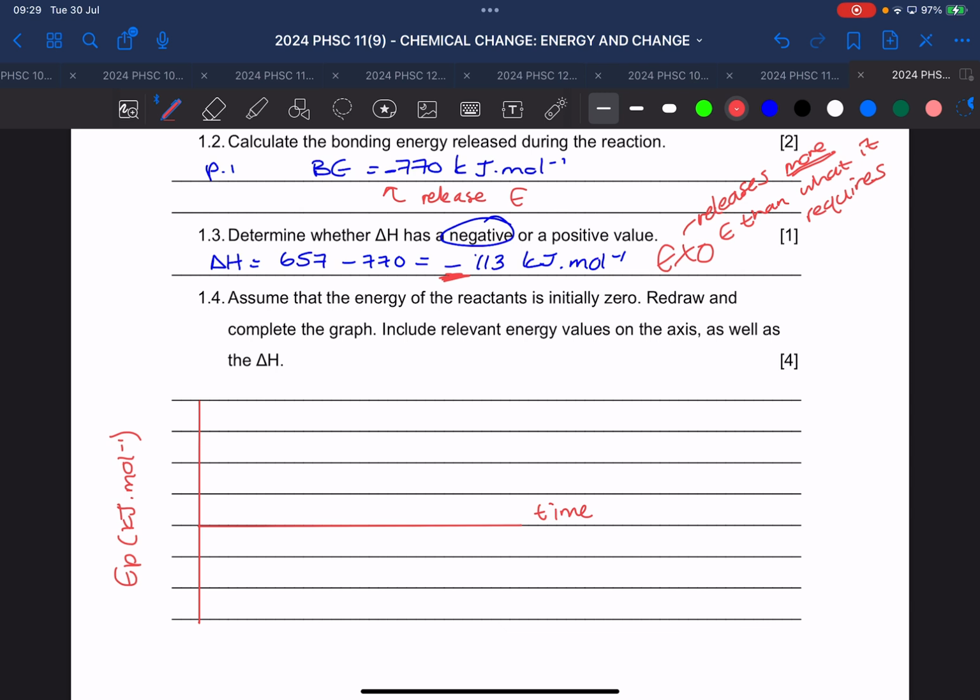So does it end lower or higher? Ends lower. Okay, they say the reactants are initially at 0, so we start there at 0, and then it will go up, and then it ends lower. Okay, so you start with your shape. Now this does not have to be drawn to scale.